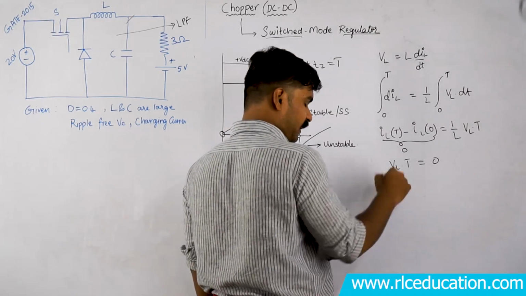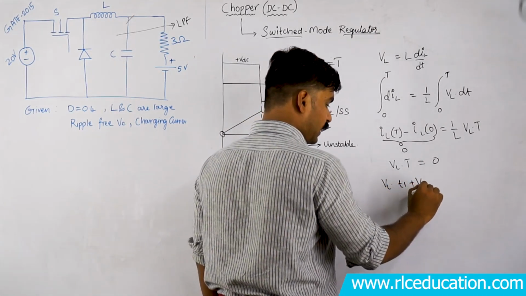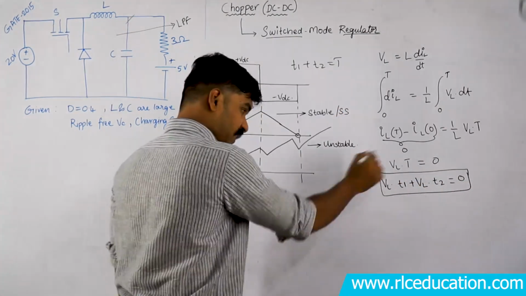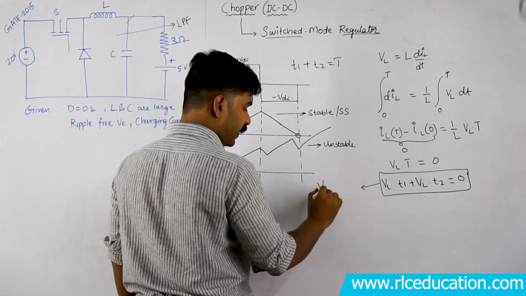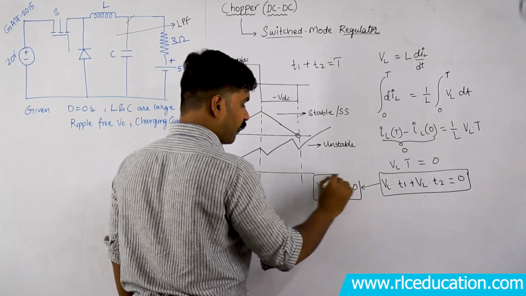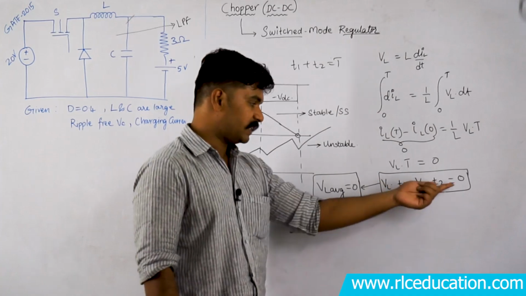Or I can also write this another way, VL into T1 plus VL into T2 should be equal to 0. From this equation, I can also imply that the average voltage of an inductor, VL average, will be equal to 0, or I can say the inductor average voltage should be equal to 0. That is the significance of this equation, isn't it?